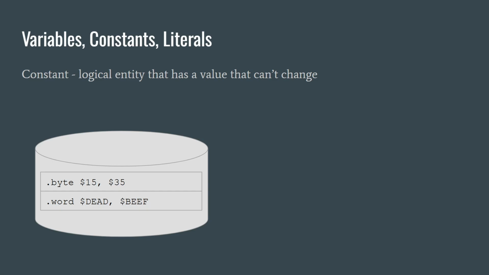And so that table is stored in the ROM, and the code, while it's running, can read those values out of that table. And since this is stored in ROM, it can't change. And so those are constants.